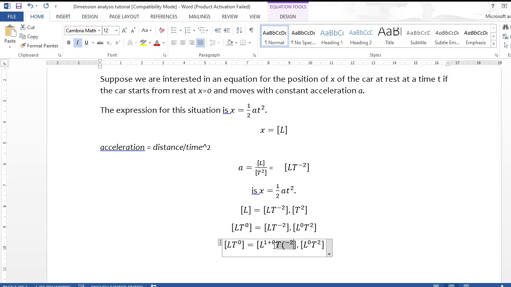So it's L, and t to the power, we had a negative 2 here, which is negative 2 plus 2. Okay, so we have added these dimensions.